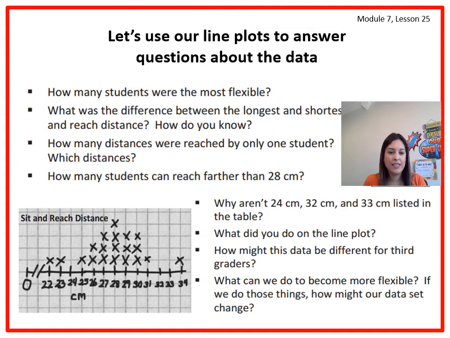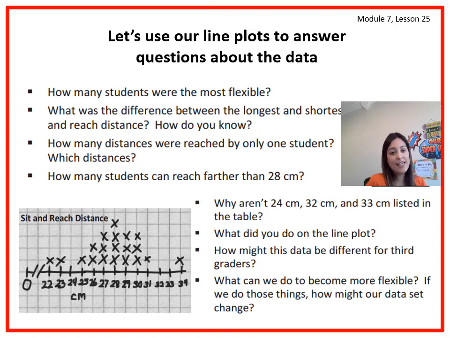Which are the distances? 22 only has 1 student. 23 only has 1 student. 25 only has 1 student. 31 only has 1 student. And 34 only has 1 student. So 5 distances were reached by only 1 student.